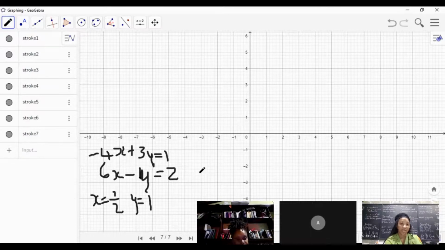So if you can avoid it, then you do. Since the y here has a coefficient of negative 1, it's easier to bring this over, make it positive. So y would be equal to 6x minus 2. And then you open your bracket and plug that in here. And then work out your solution.